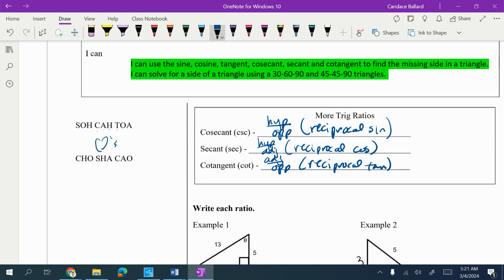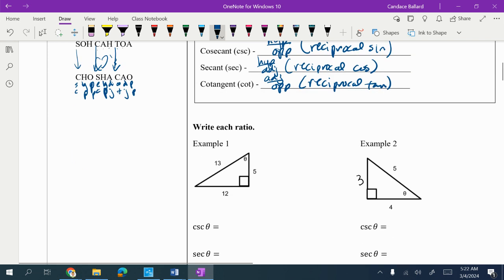And then I made this up, but I will say that this is SOHCAHTOA's girlfriend, Chosha Cow, and this means that the cosecant is the hypotenuse over the opposite, secant is the hypotenuse over the adjacent, and cotangent is the adjacent over the opposite. And notice that these are directly lined up with their reciprocals in that little saying.